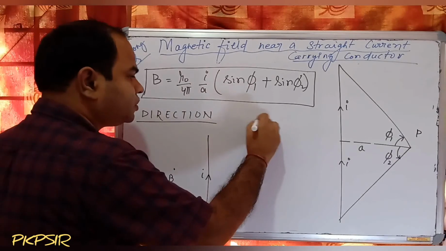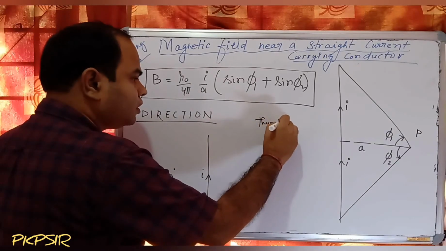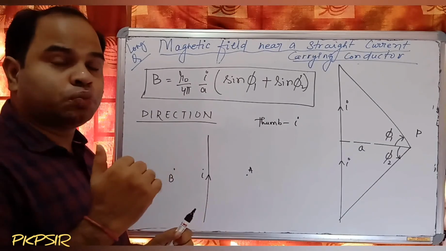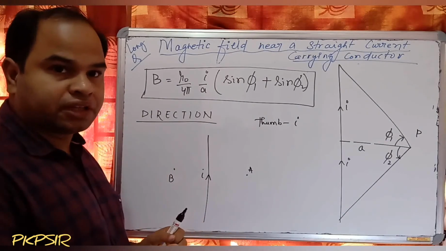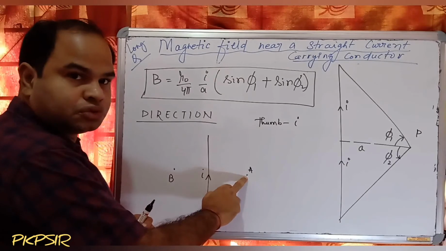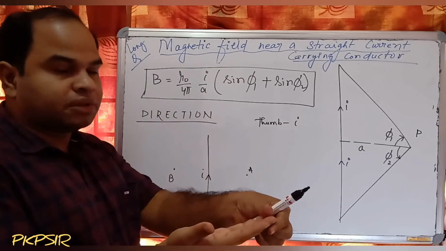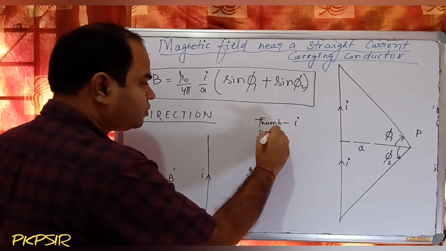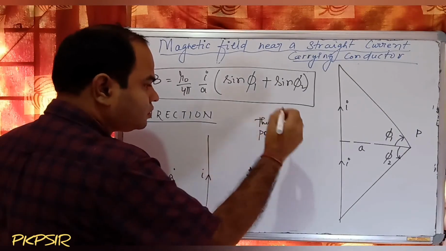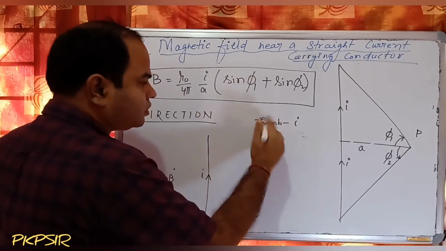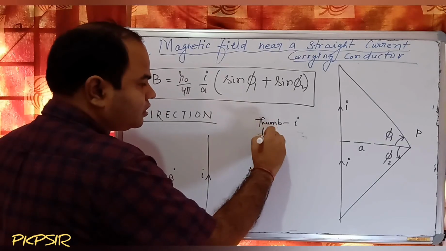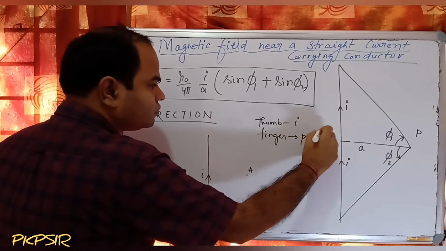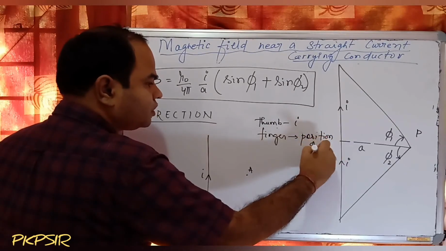The position of the point where we want the magnetic field is represented by the fingers. So this finger represents the position of the point.